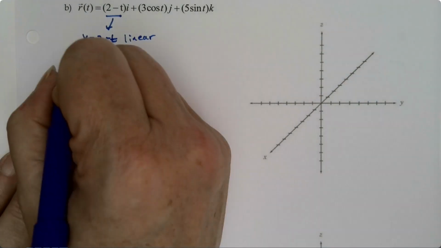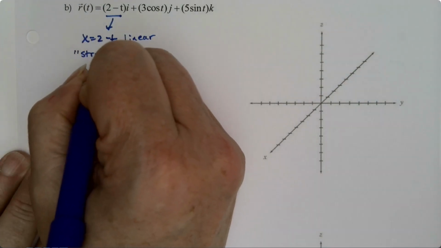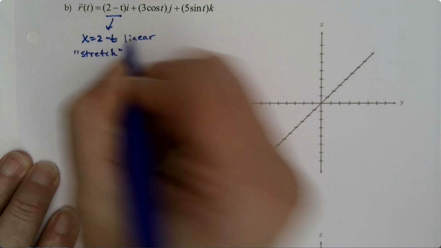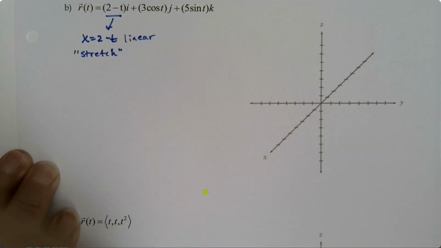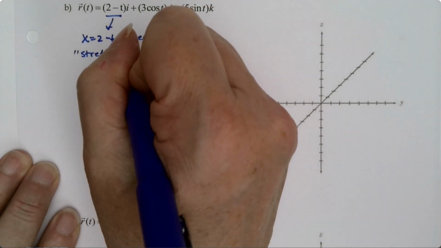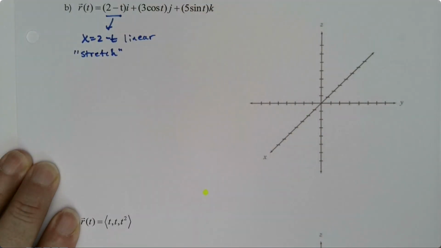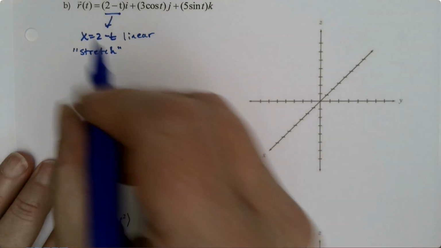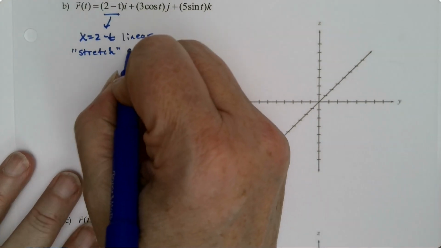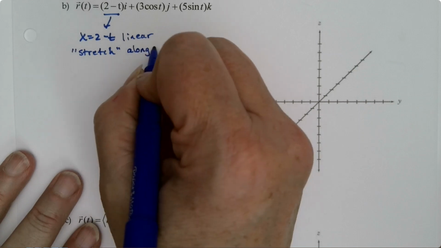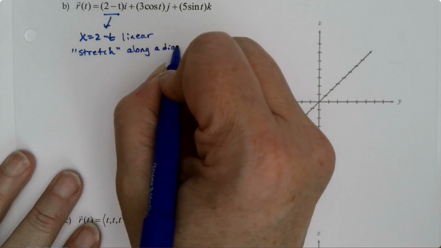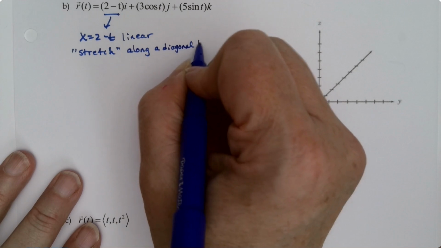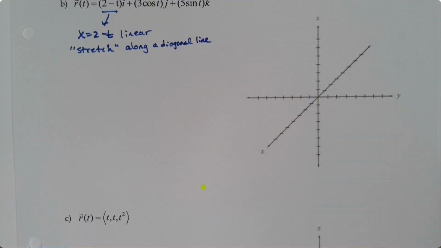And so it's going to stretch in a negative direction. Or for our purposes, let's just think of it as stretching along a diagonal line. All right. That'll work for our purposes.